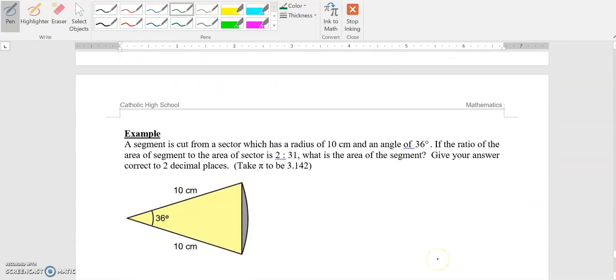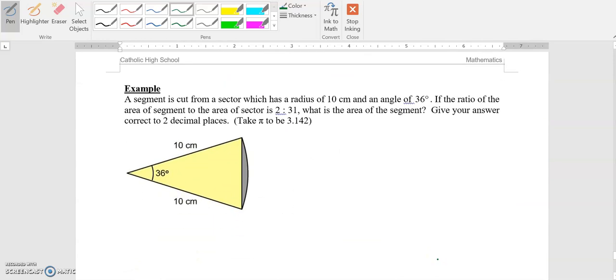Let us look at the next example, where a segment is cut from a sector which has a radius of 10 cm and angle of 36 degrees. Note, the question gives you degrees. If the ratio of the area of segment to the area of sector is 2:31, what is the area of segment? Let's write down the ratio.